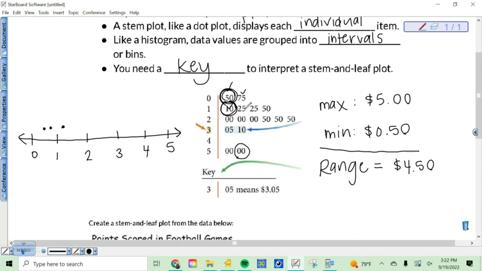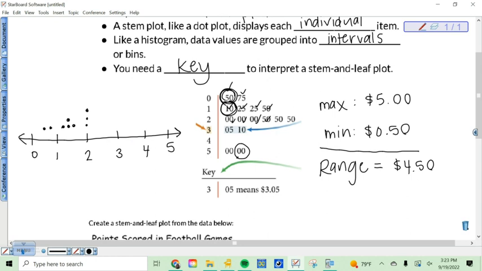Okay, and then I've got $1.25, $1.25. I've got it twice. What do I do when I have the same value twice on a dot plot? Yeah, I stack them. So $1.25, $1.25, and then I've got $1.50. And then I have $2, $2, $2, 3 times.